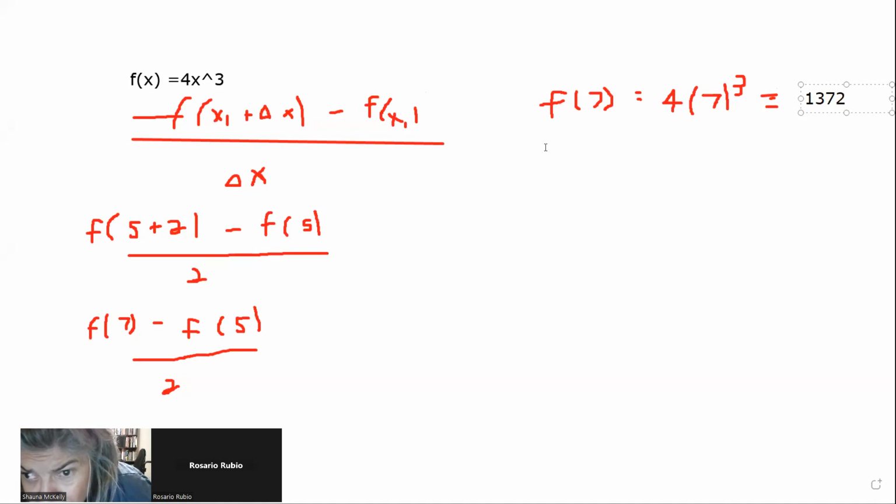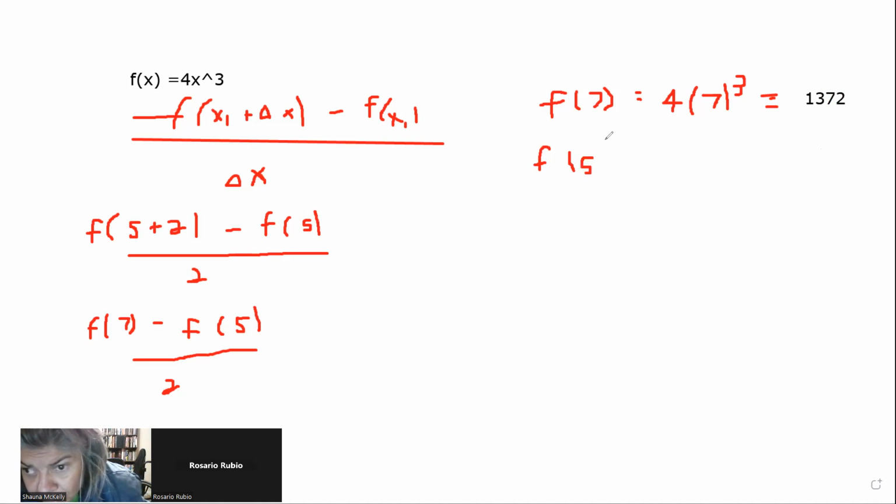And this one is f of 5. So I'm doing the same calculation with a different number.